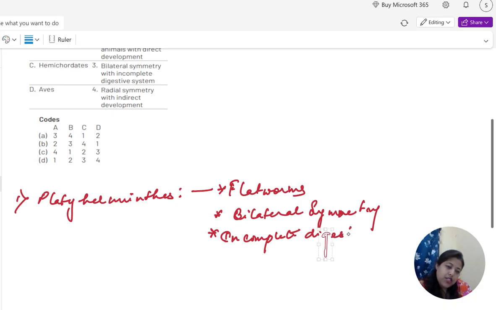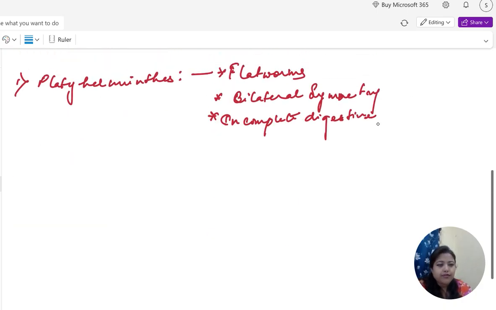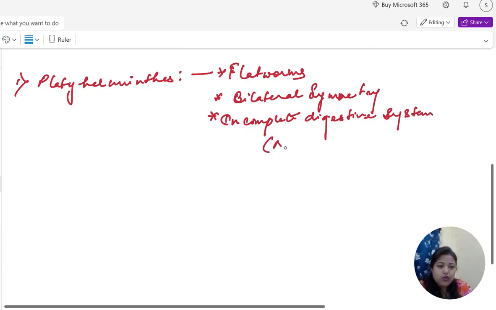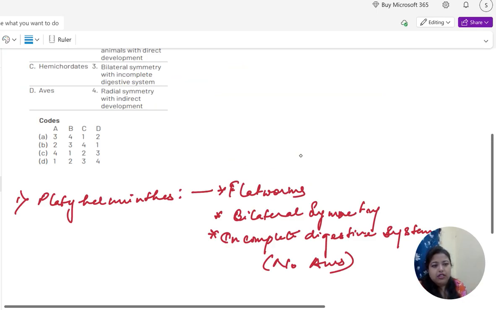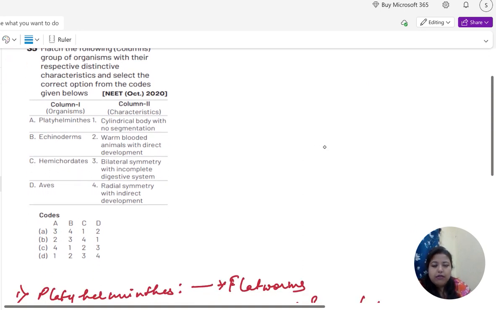So platyhelminthes go with bilateral symmetry with incomplete digestive system. A will be 3.